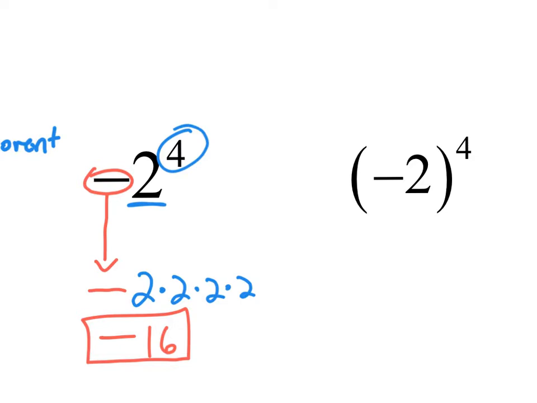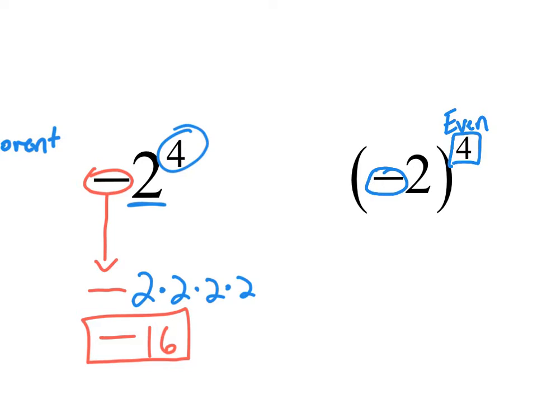So there is a trick that you can learn. If you have parentheses with the negative inside of the parentheses and the exponent is an even number, so 4 is even, 2 is even, 6 is even, 8, 10, 12, all those numbers are even.